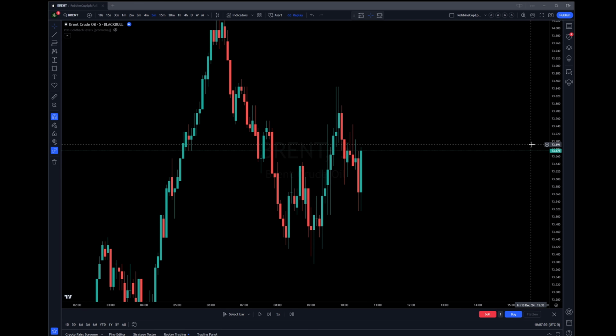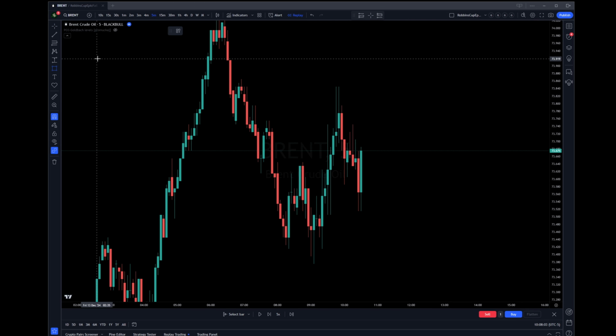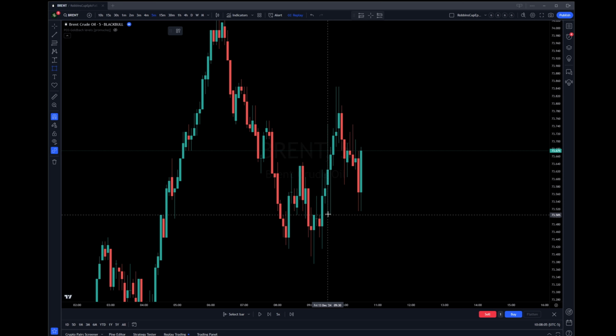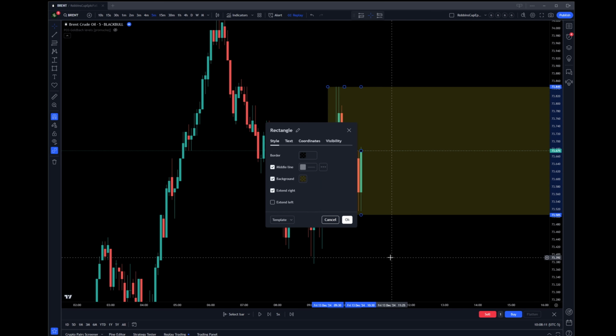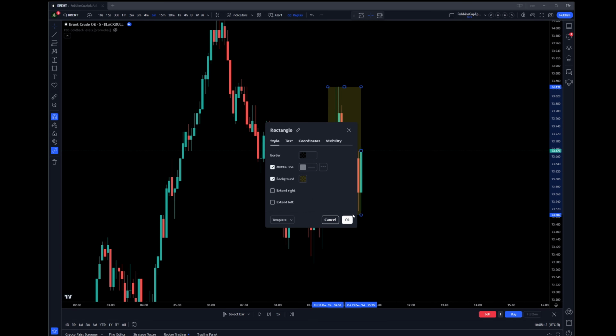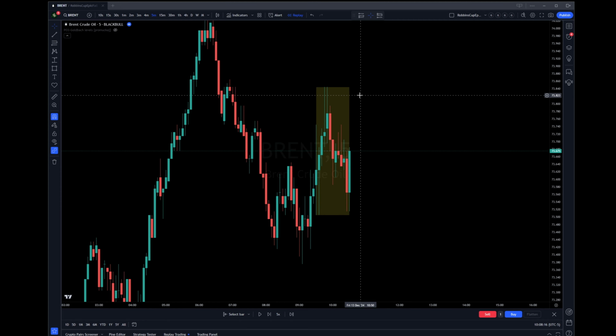So some theory first. Between 9:30 a.m. and 10:30 a.m., we have something called the initial balance. Let me mark that out for you now. Okay, this is the initial balance.